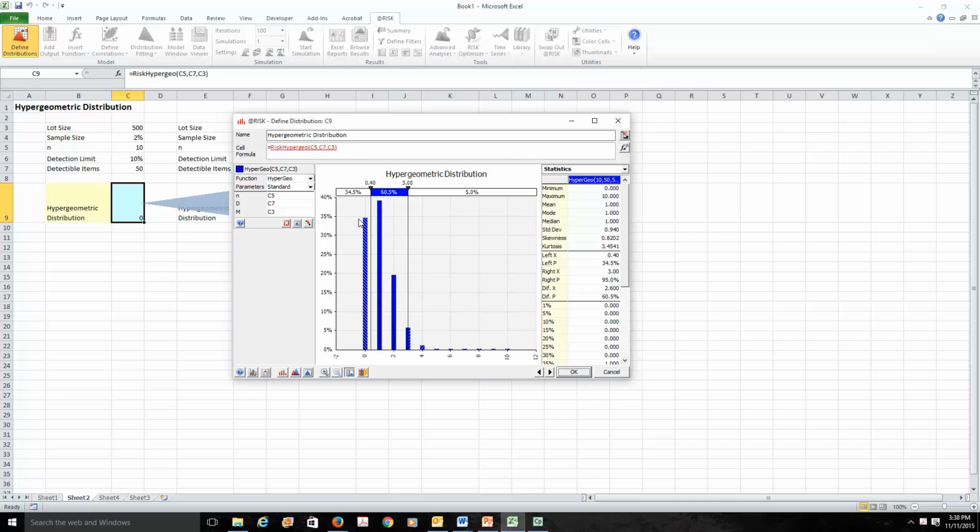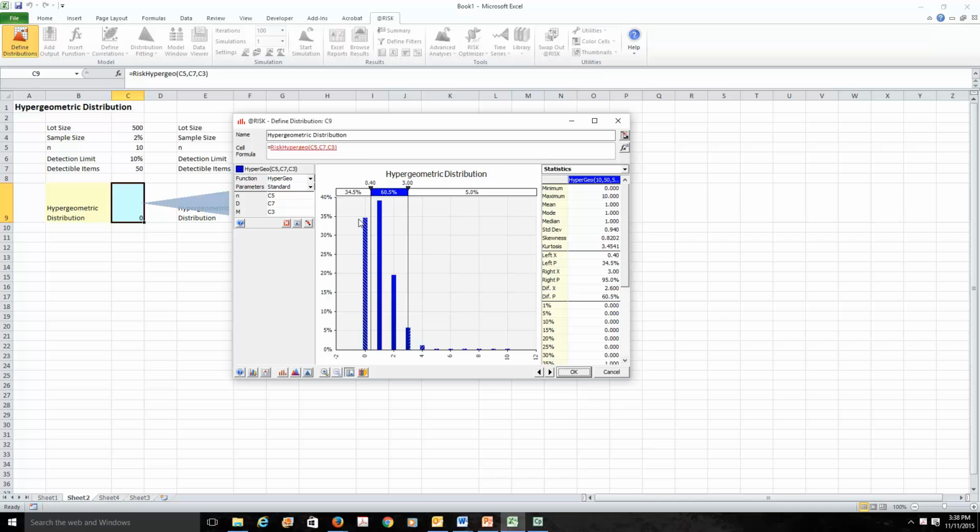So if I take the complement of that, 100% minus 34.5 gives me a 65.5% confidence level, excuse me, that I have a lot here that meets my detection limit or less. So I'm 65.5% confident that this lot has 10% or less of its fruit that is spoiled.